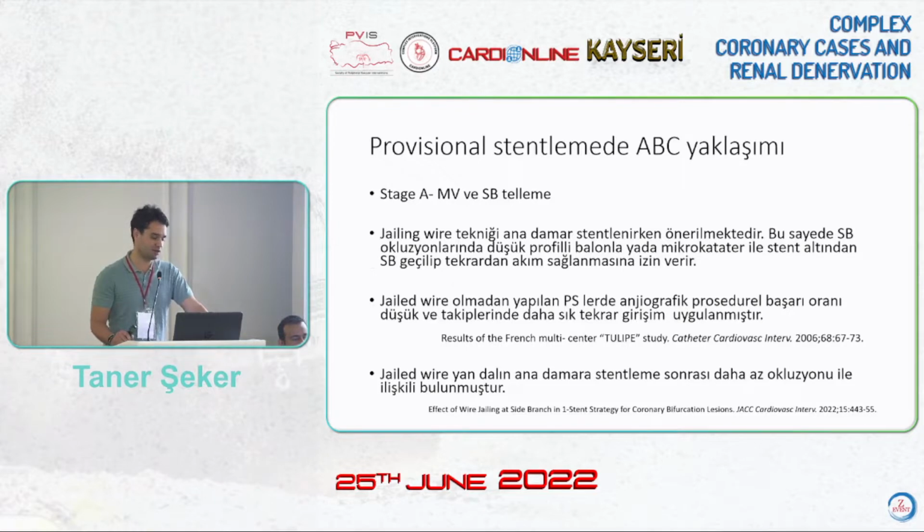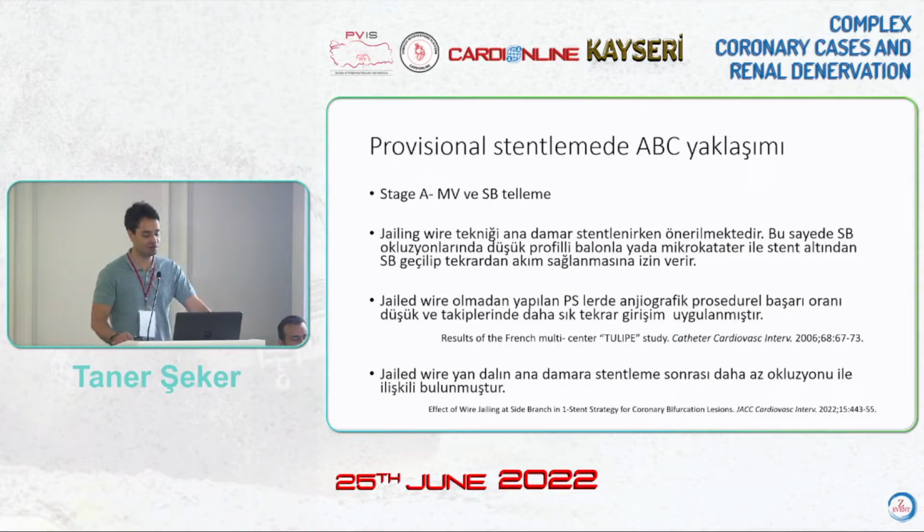In provisional stenting, there are steps called A, B, C. In stage A, the main vessel and side branch are wired. And in provisional stenting, a jailed wire technique is recommended. After this, if flow is compromised in the side branch, then a microcatheter or balloon can be used to ensure the flow.